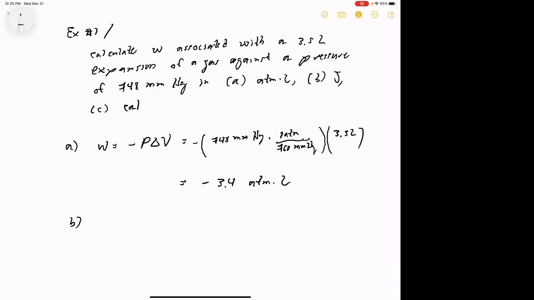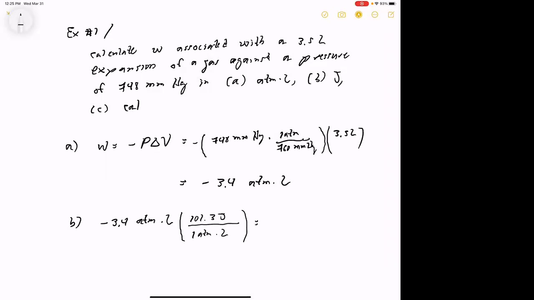So we want to go to joules next. So I'm going to take my atmosphere liters. So I got minus 3.4 atmosphere liters. And now I have a conversion factor that gets me to joules. For every 1 atmosphere liter, I'm going to have 101.3 joules.